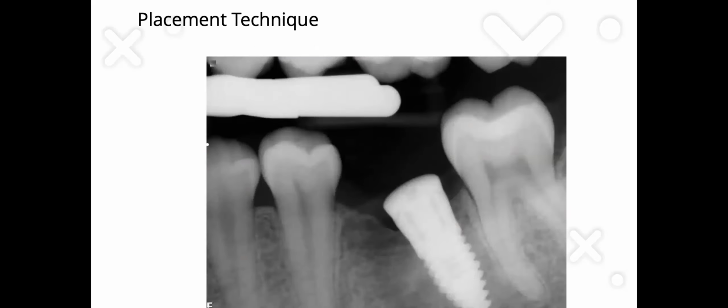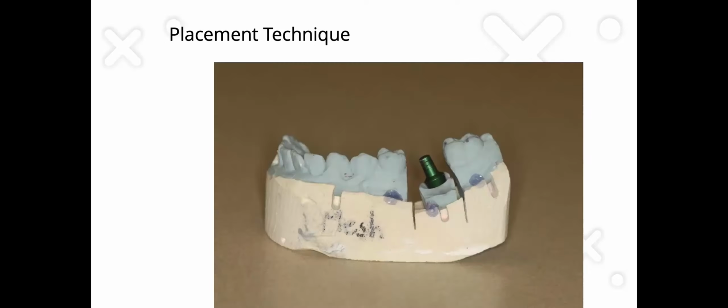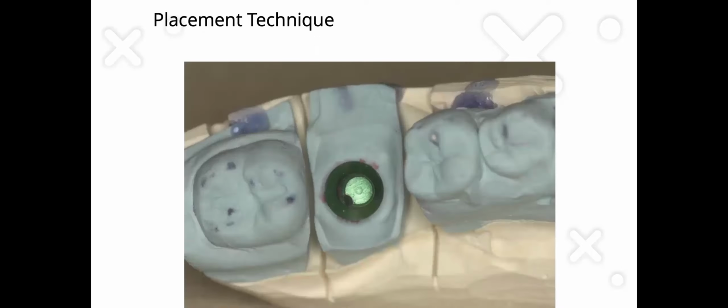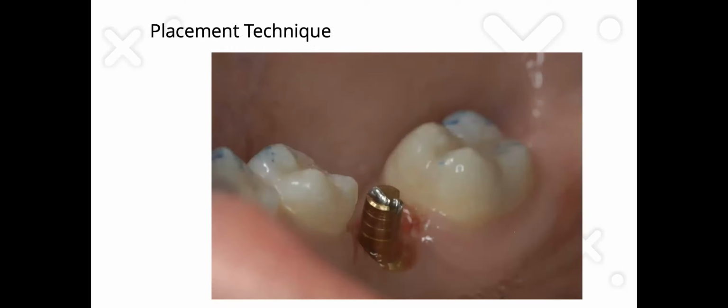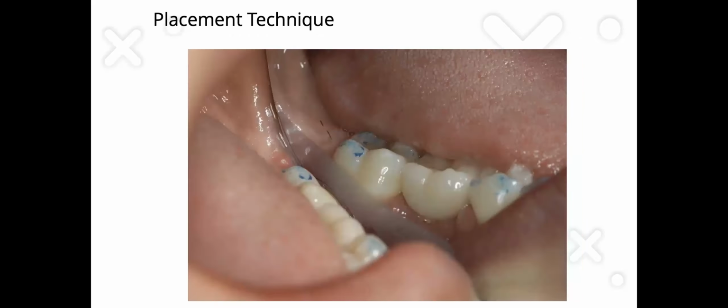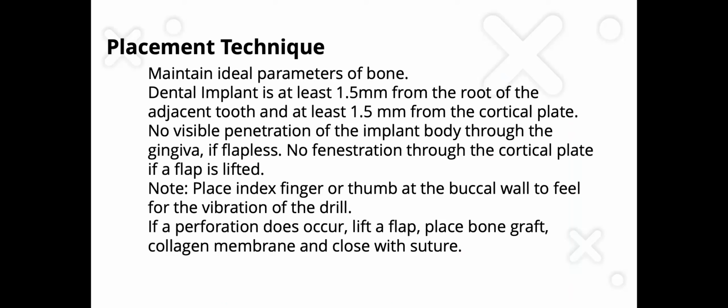And sometimes they can look misaligned, or they even look misaligned on the study model, but when you're looking at it occlusally and in the patient's mouth, it actually turns out pretty reasonable. So that's why that paralleling pin is important, to look at that angle.